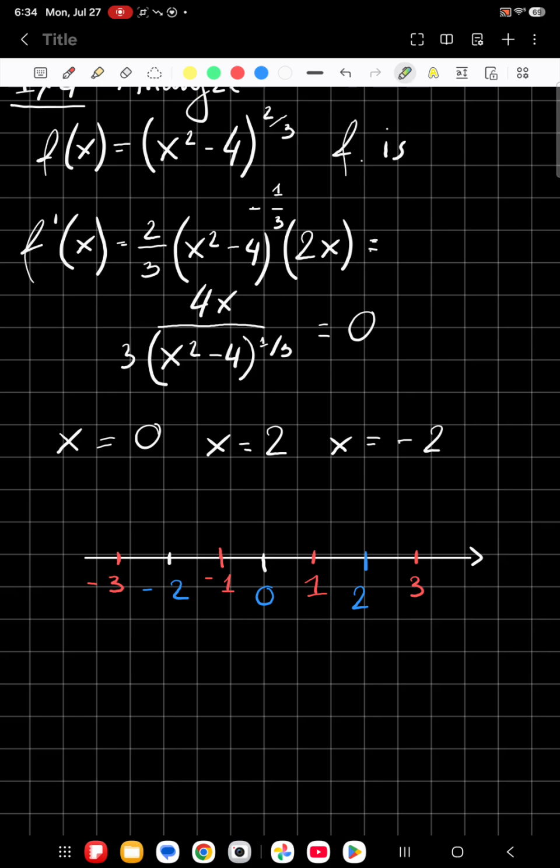Maybe I'll show you a couple of those examples. So I'm taking the negative 3 and putting it in those two places, trying to figure out what this sign will be. So let's do f of negative 3.